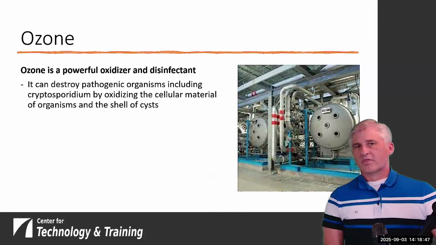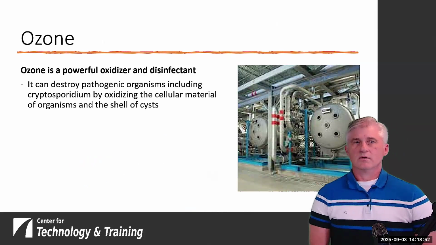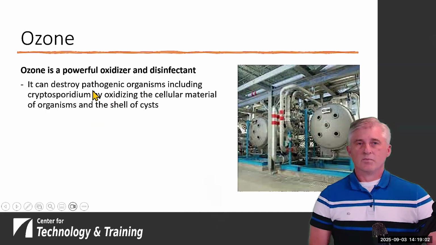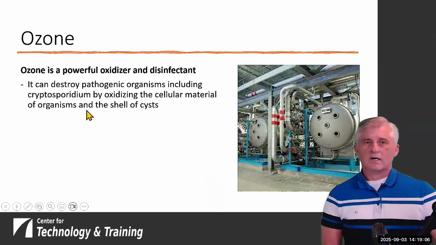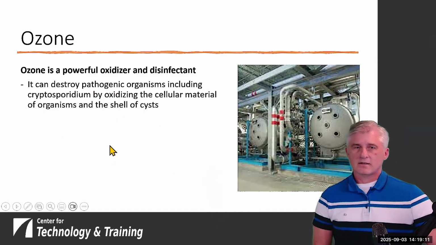So now we're on to our third type of disinfectant, and that's ozone. Once again, ozone's a powerful oxidizer. It can be a very good disinfectant. It kills most all of the pathogenic organisms, including crypto, because it oxidizes the outside.